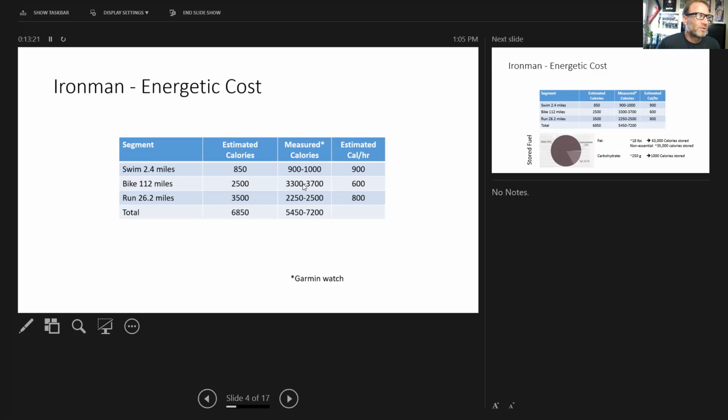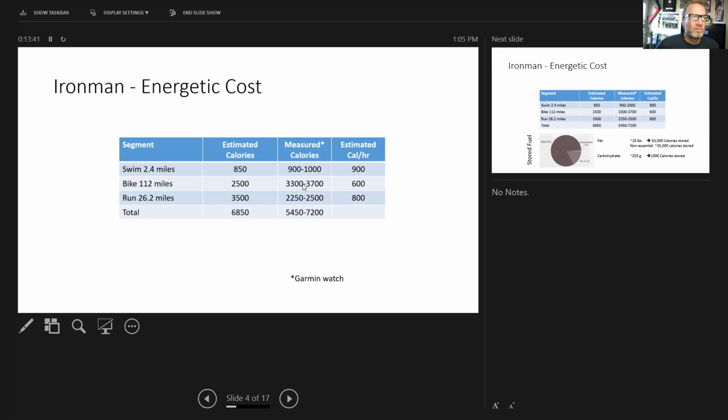All right, so an Ironman: swim 2.4 miles, bike 112 miles, and run a marathon. The estimated calories based upon some of the equations that we've gone through in this class and maybe other classes that you've had are listed there.